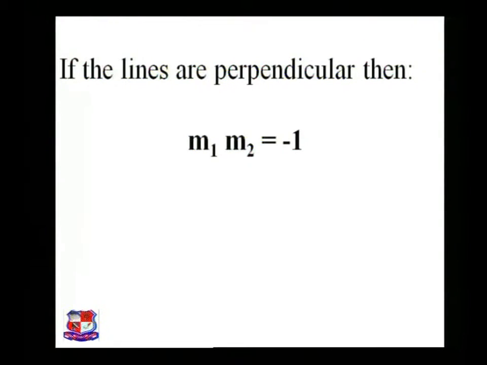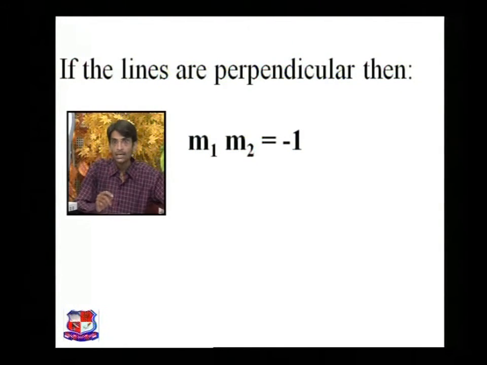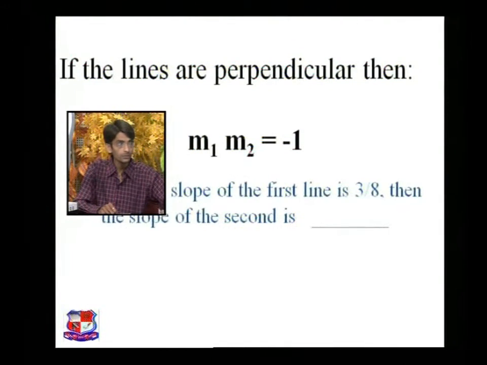So note that if two lines are parallel, then m1 is equal to m2, and if two lines are perpendicular, then m1 into m2 is equal to minus 1. These are the two main results for the slopes of parallel and perpendicular lines. For parallel lines m1 is equal to m2, for perpendicular lines m1 into m2 is equal to minus 1.